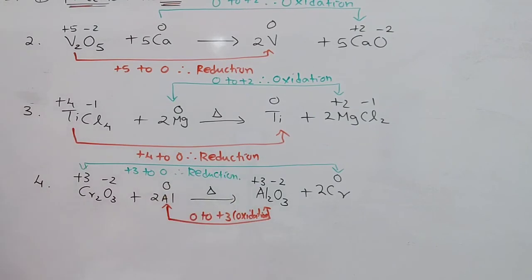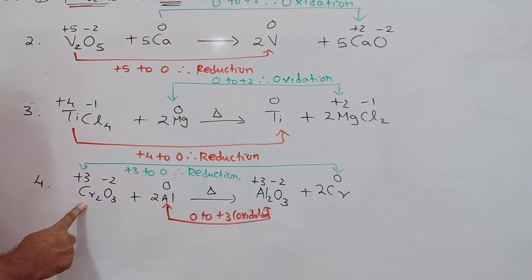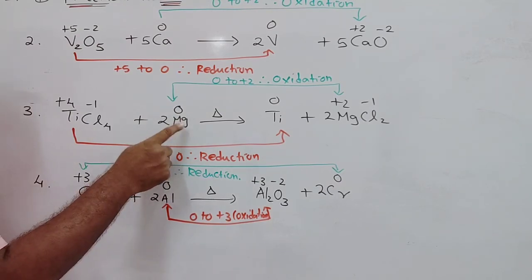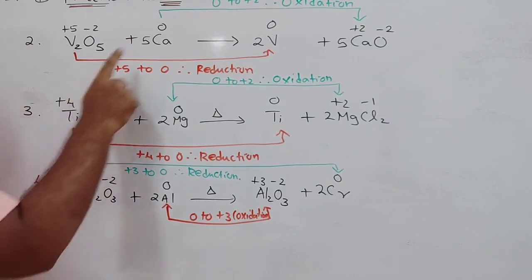Understood this part? So this is all displacement reaction, but within that there is a type that we call metal displacement reaction. In all these cases, aluminium is more reactive than chromium, that's why it is being replaced. Mg is more reactive than titanium, that's why it is being replaced.